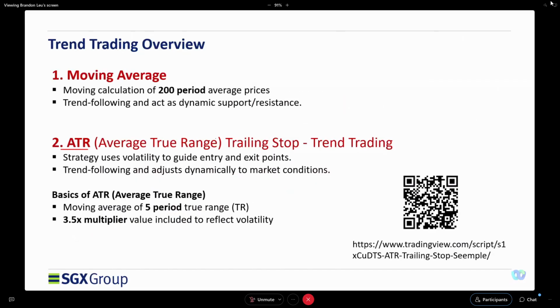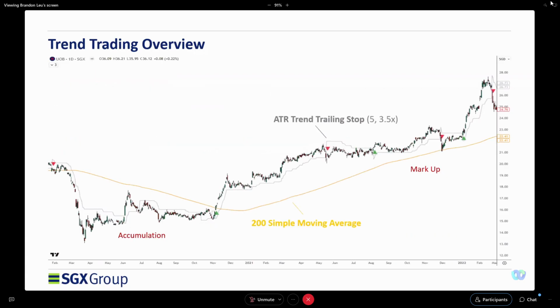So the ATR is actually the trading range of the stock. Earlier we saw the candles, and each candle represents a certain set of trading for that day. We take an average of 5 days. There's an average high and an average low, and then we multiply by about 3.5 times.